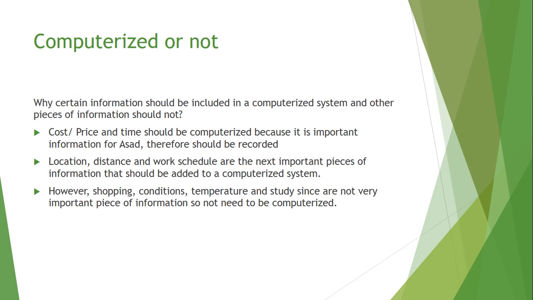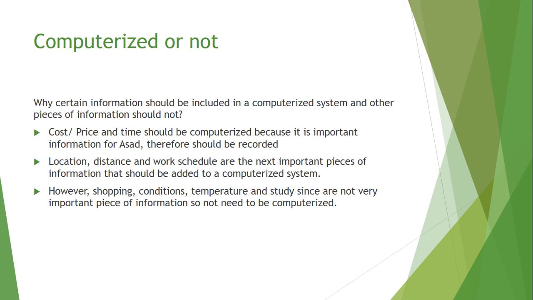Now the reason we need to computerize the information or not depends on how important it is. As seen in the table in the slide before, cost and time should be computerized because they are important and vital pieces of information for Asad.